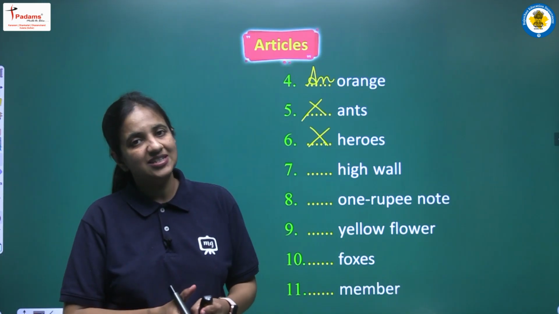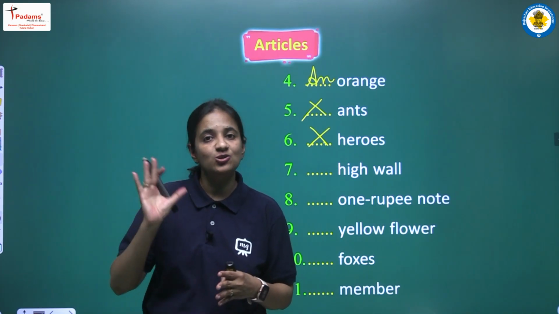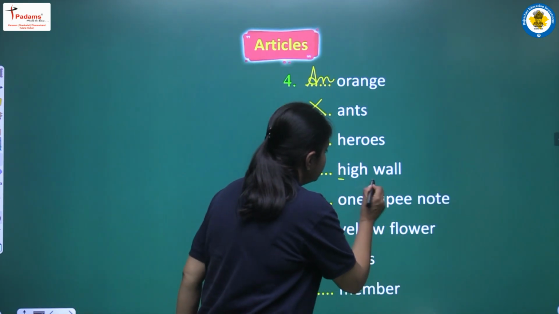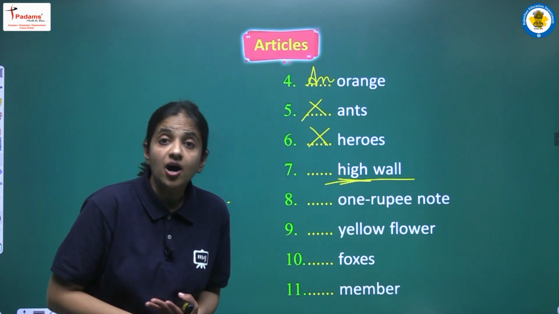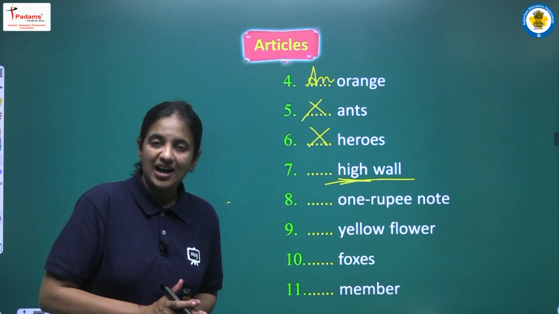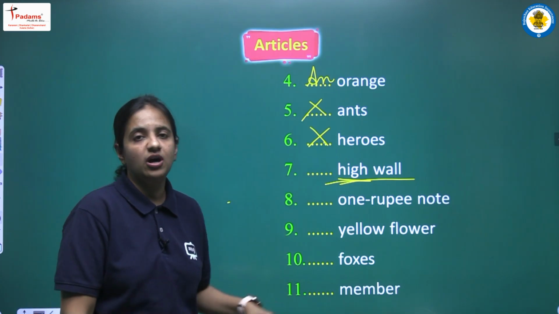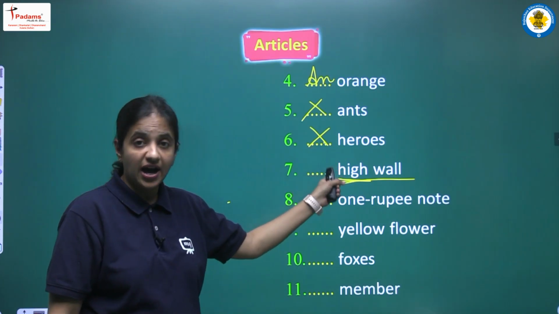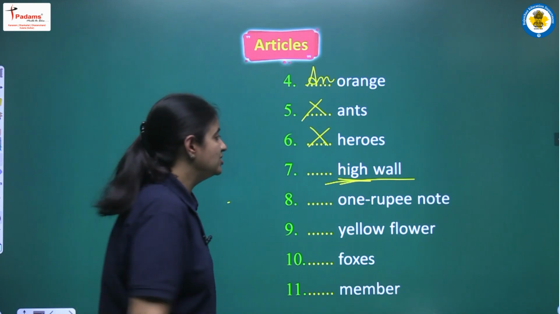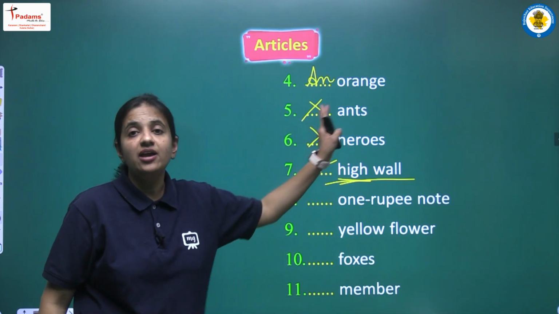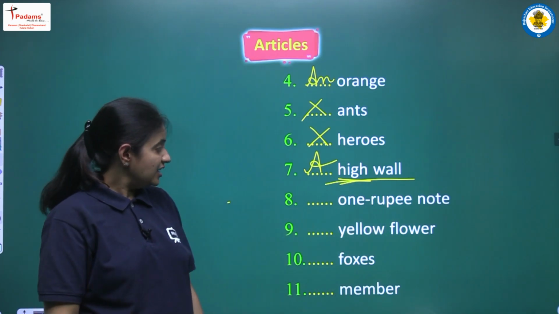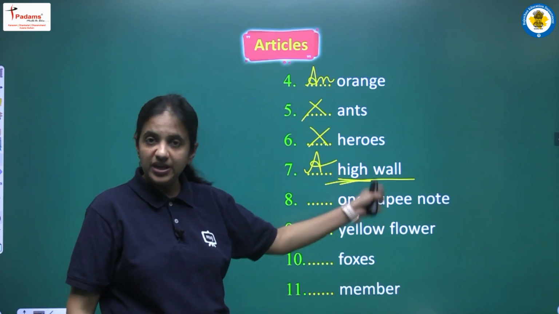So articles are used for nouns. High is the adjective, but wall is the noun. So yes, we can use the article here. Here we can see the sound of high, and for that we are using a, and it will be a high wall.